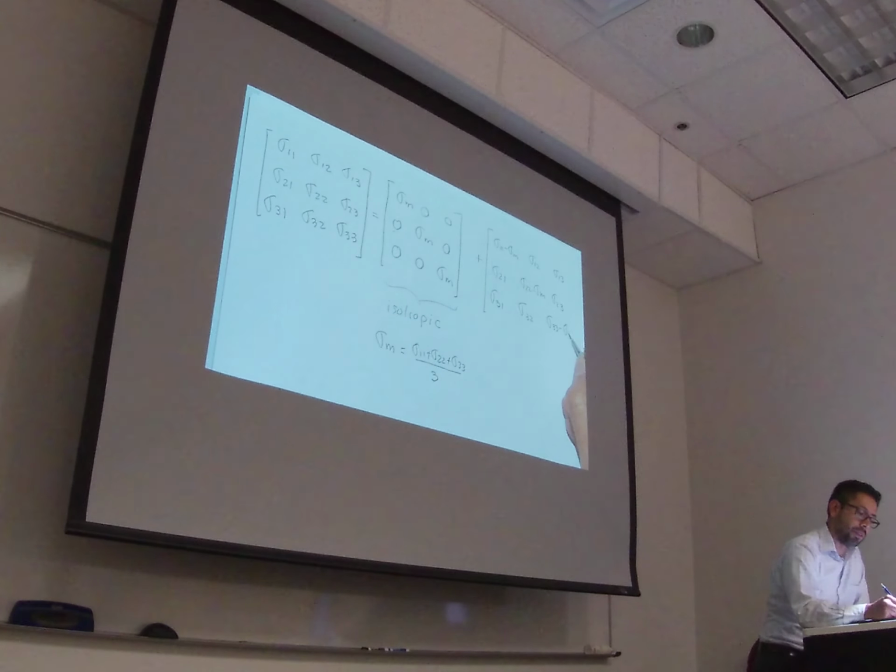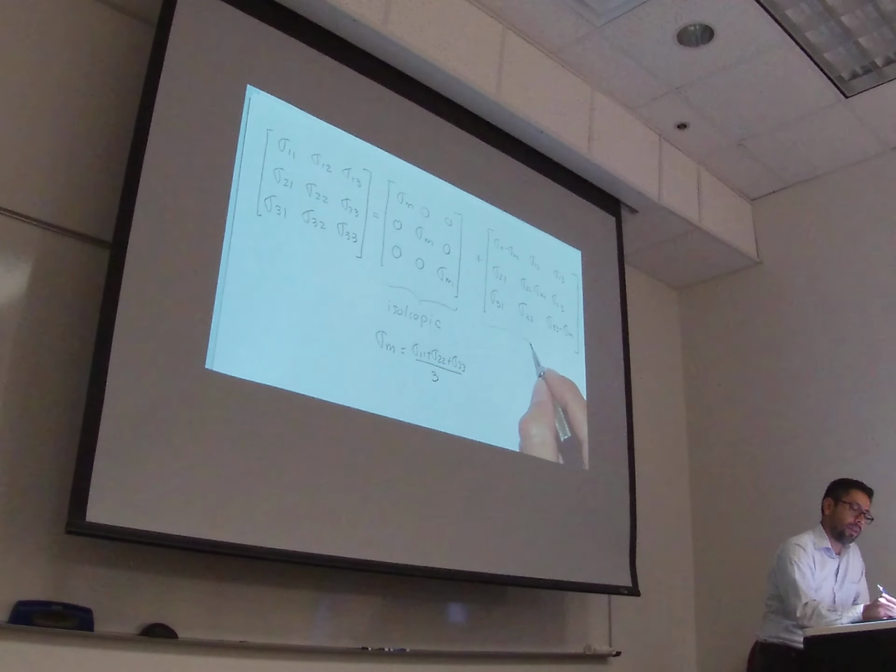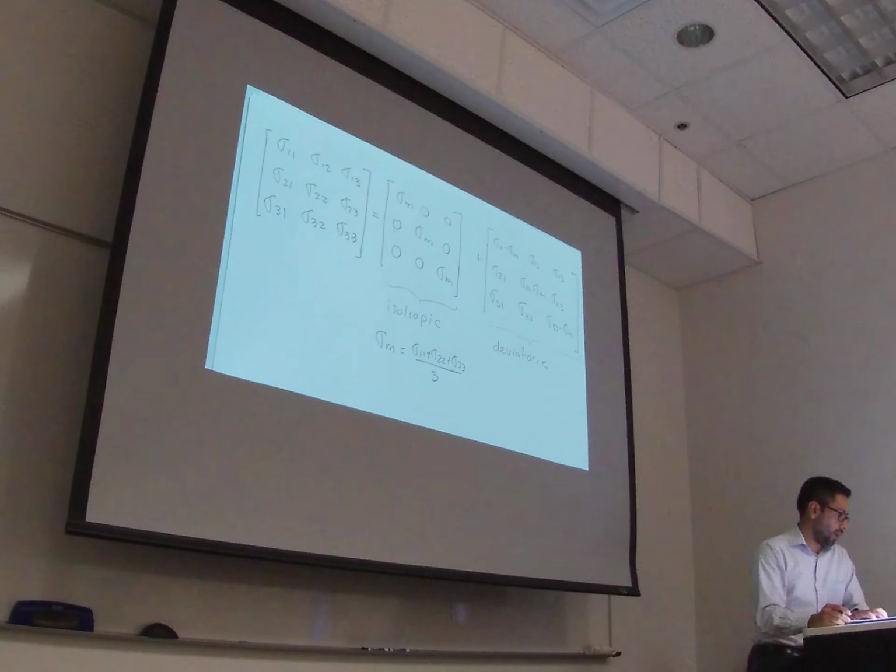And in the diagonal, I have to subtract the mean stress. This is exactly the same thing that we did before. And this component is going to be called the deviatoric component of the stress tensor.